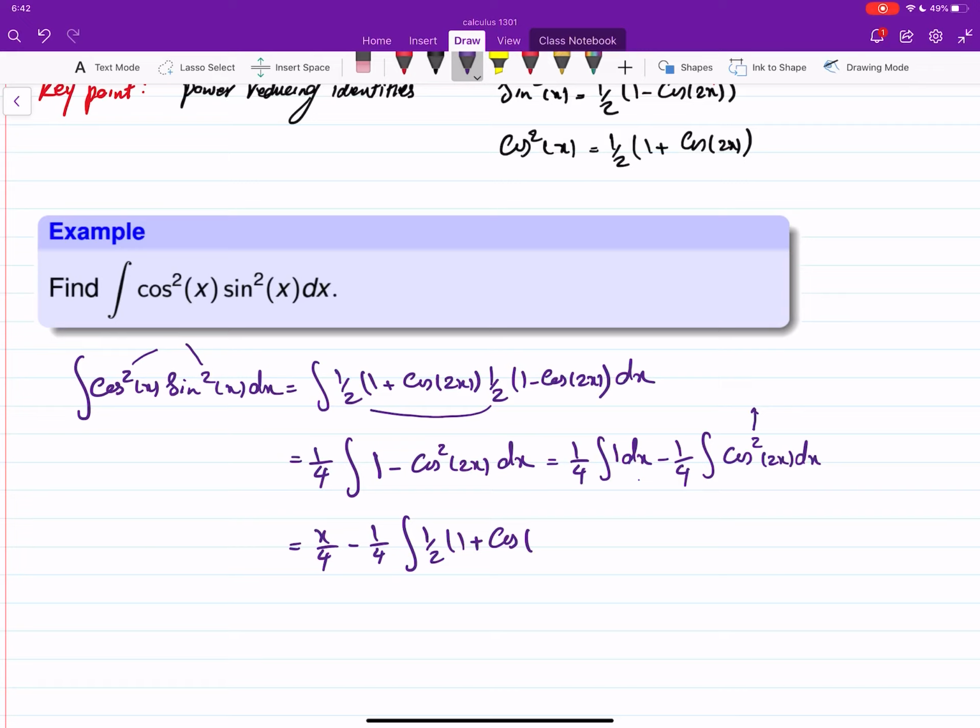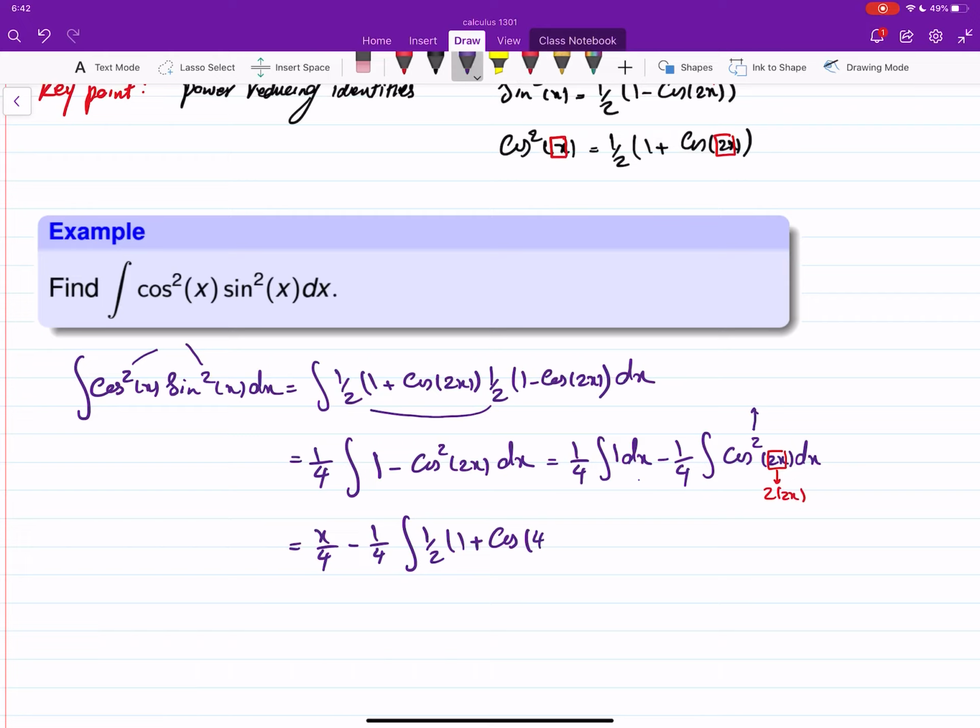So here, if it is x on the left hand side, on the right hand side it will be 2x. Here, the left hand side itself is 2x. You multiply it by 2, you get 4x. So that will be cosine of 4x dx.